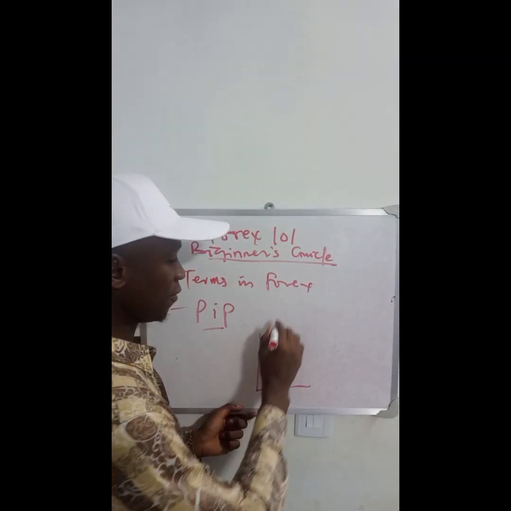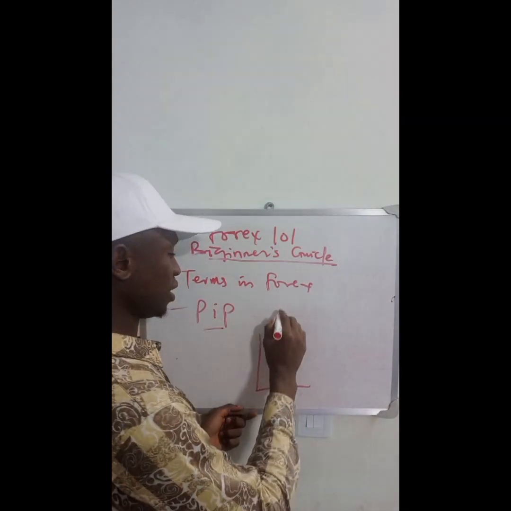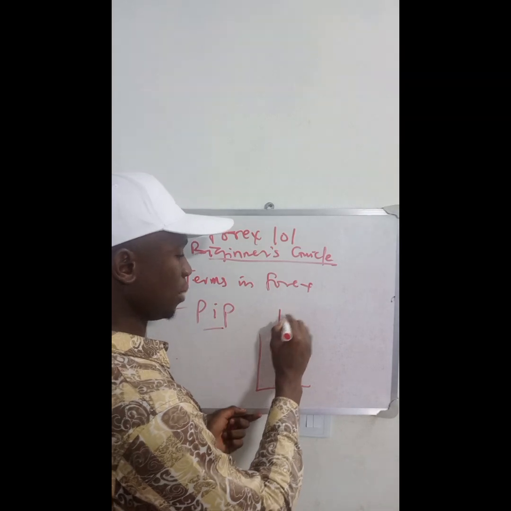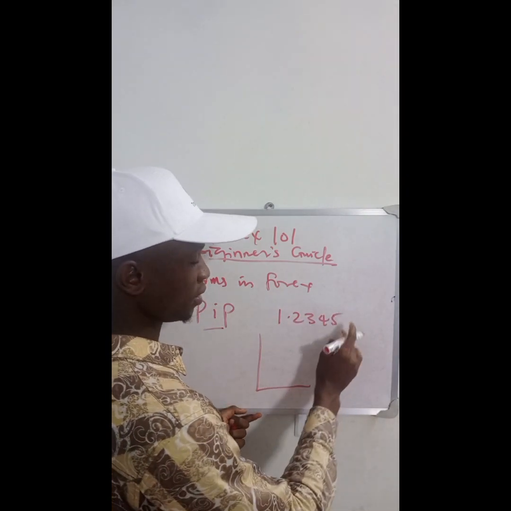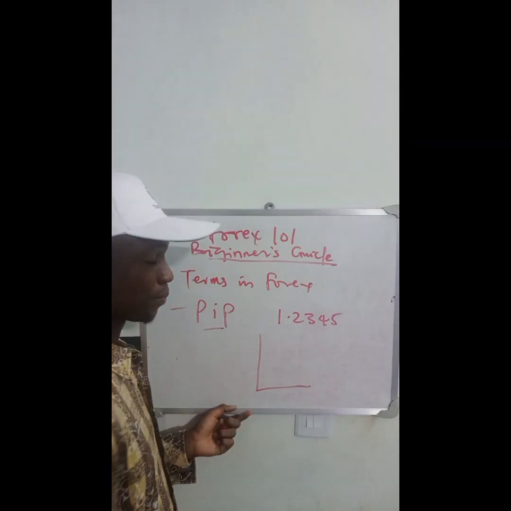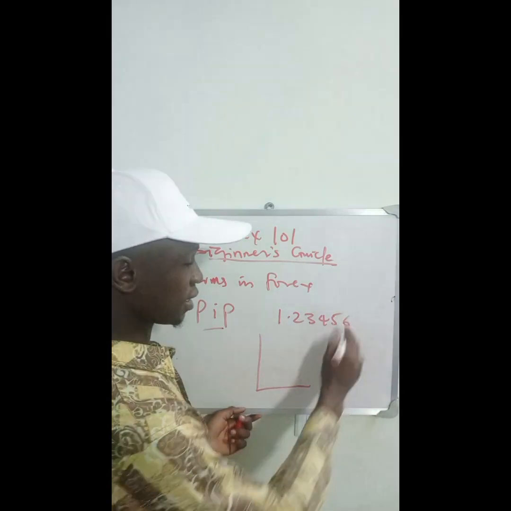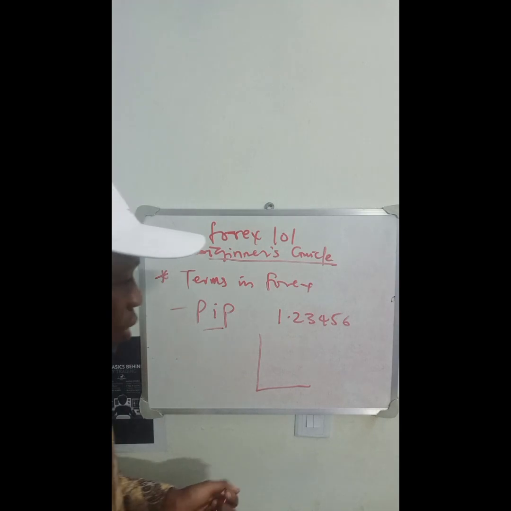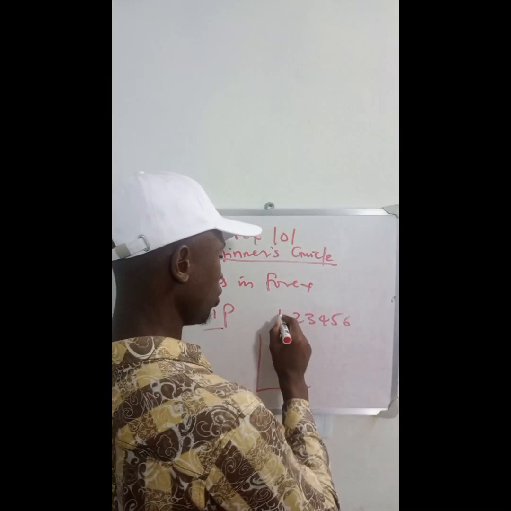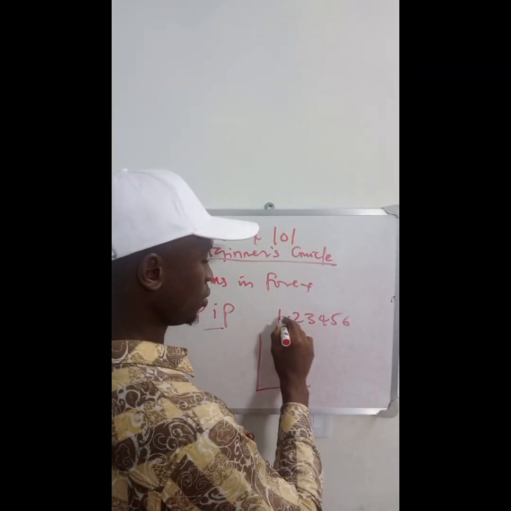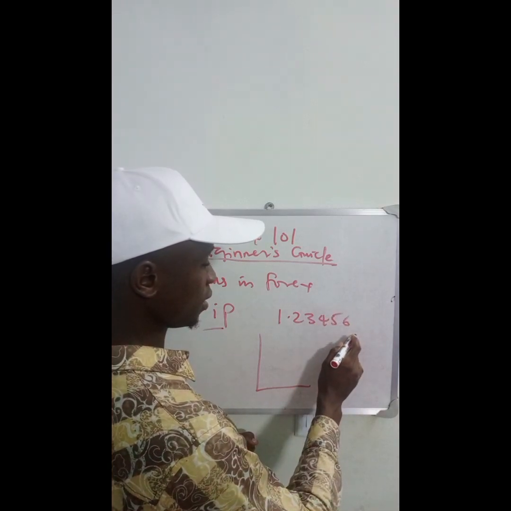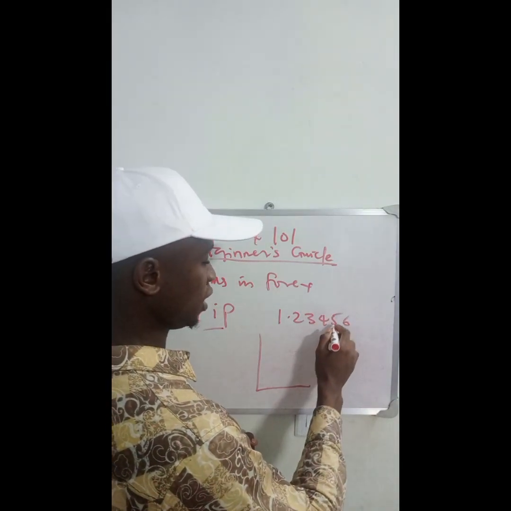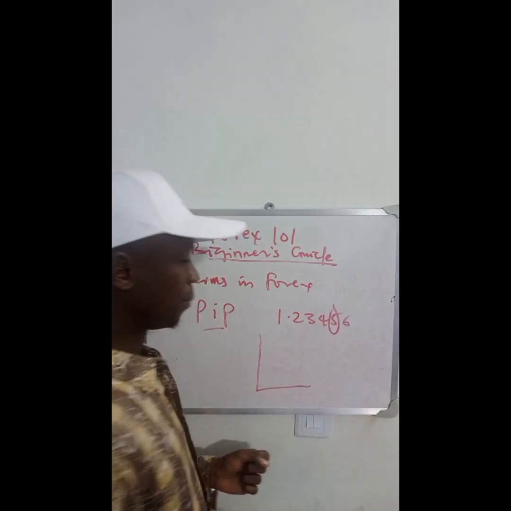So if the price of, let's say, EUR/USD is 1.2345 and then 1.23456, this point here becomes the peak.